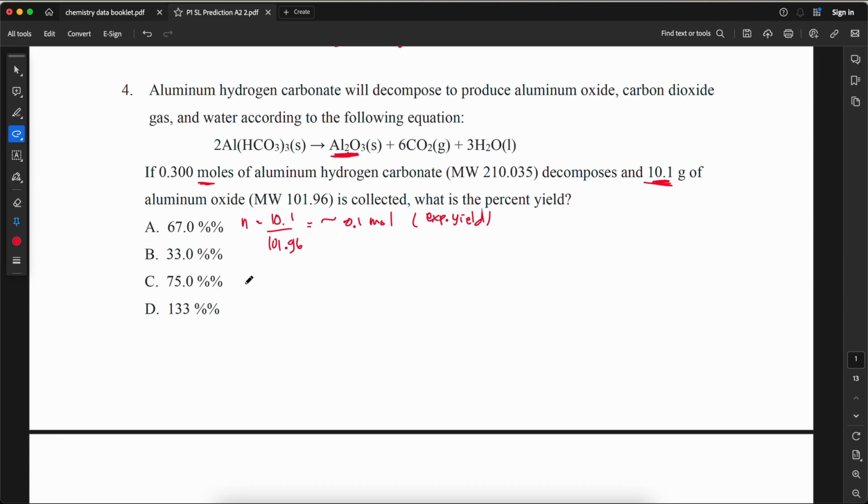So n of aluminum oxide theoretical would be 1/2 times mole of aluminum hydrogen carbonate. That would be 0.15. So now percentage yield would be 0.1 divided by 0.15 times 100, which is 67%.